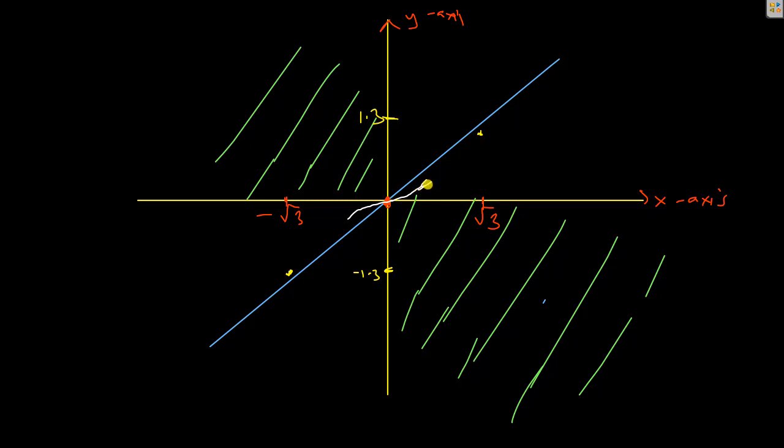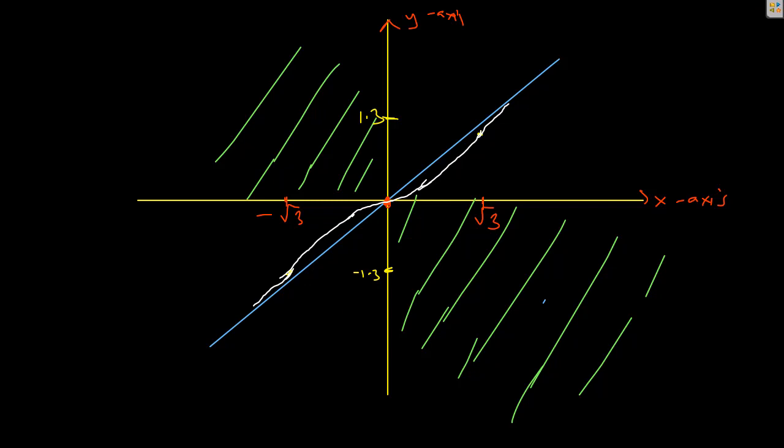Alright, so at this point it turns and tries to approach the asymptote as close as possible. Same thing is happening over here. Right, tries to approach the asymptote as close as possible. Okay, I'm not so accurate, but at least you get the idea of how the curve looks.